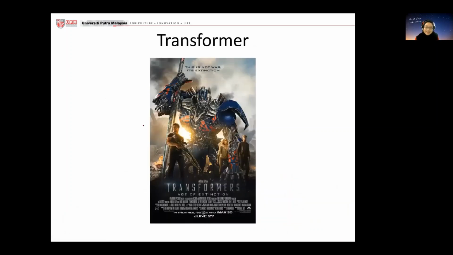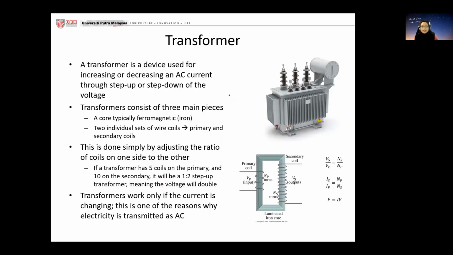So a transformer is not this one, although in terms of movies, I guess Transformers is quite an entertaining movie. But a transformer in this situation is a device used for increasing or decreasing an AC voltage through step up or step down. So this is an example of a transformer.